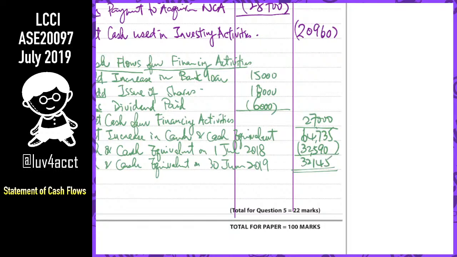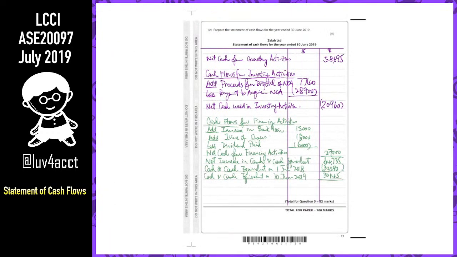Let me check. 64735 minus 325. Yes, correct. Okay, finished. 22 marks. Very good. Okay, so now we have finished this 8th set of paper.